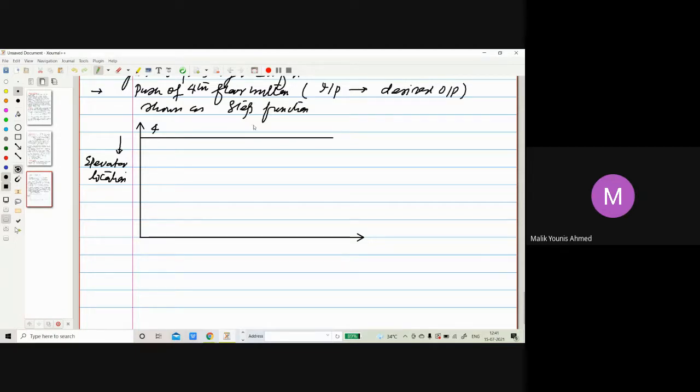And this is my input command. That is also my input command. Fourth floor. And this is the time, how much time it is going to take. From this time it will rise up. So time versus the elevator location, that means the number of floors. Okay. So now you can see there will be two portions.